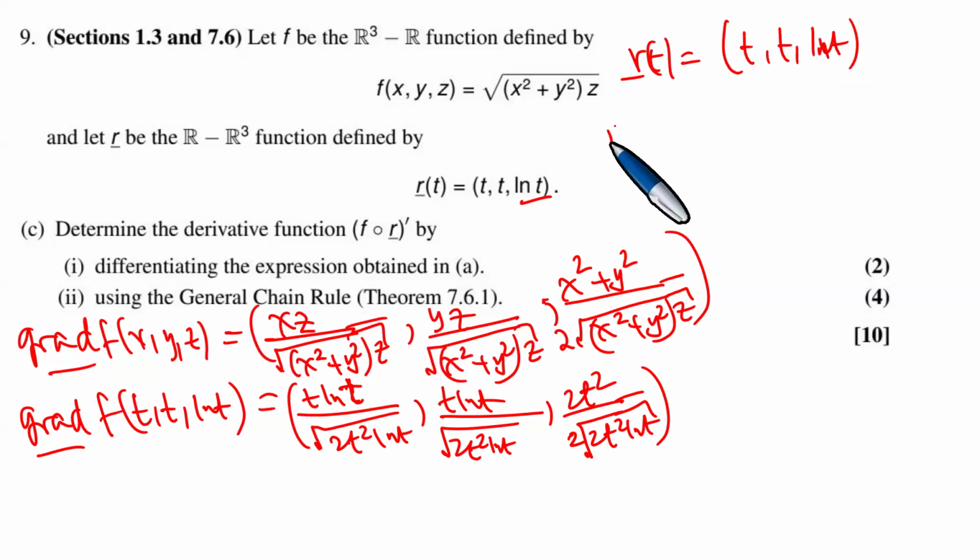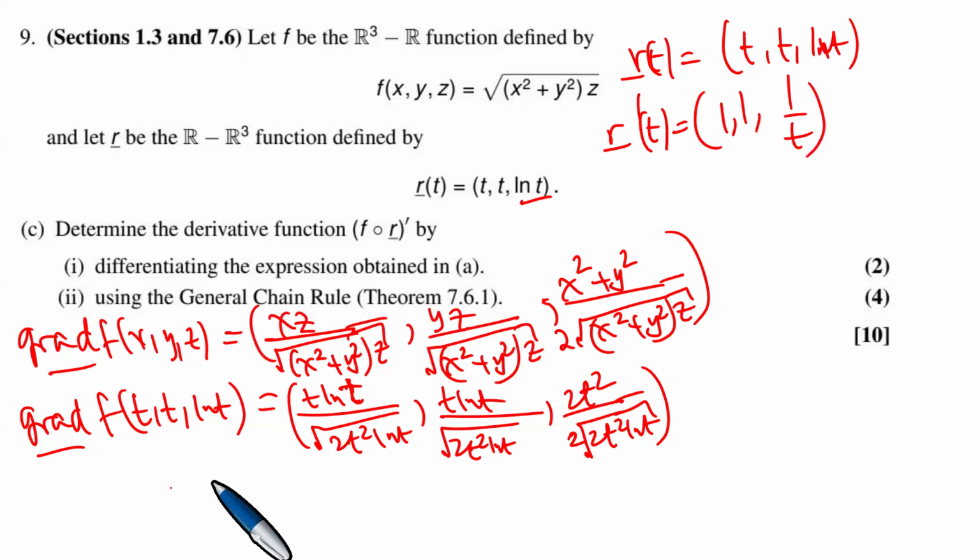Let's find the derivative. The derivative of the t is 1, and this is 1 over t. Just take note of that one. So we're good. So, okay, we have these two things now.